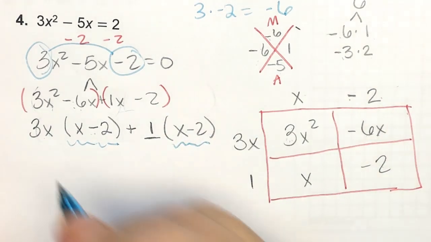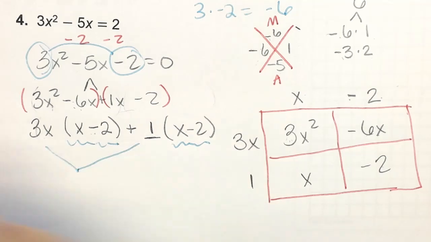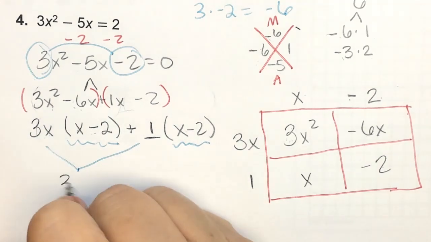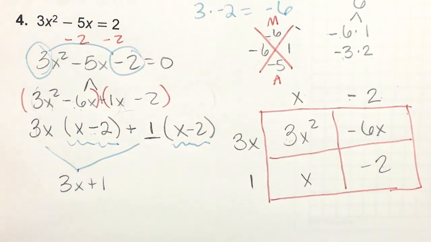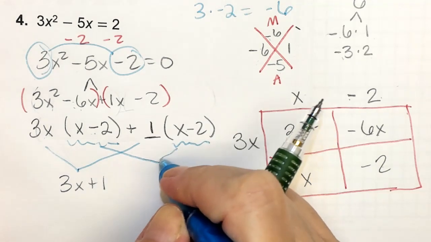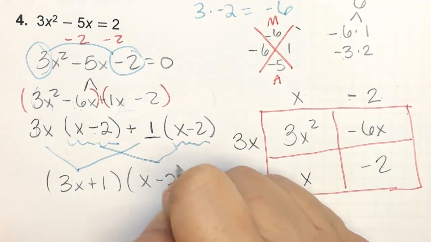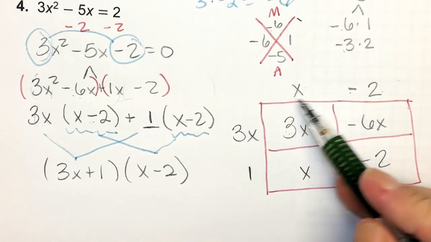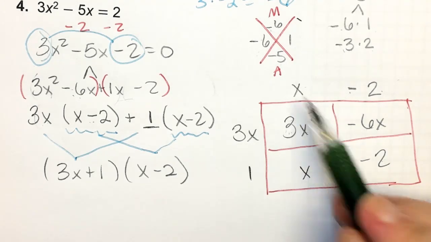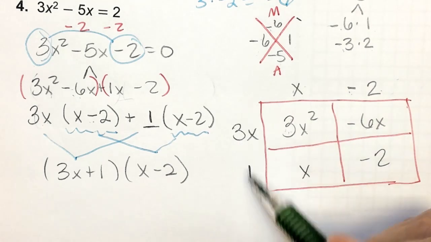So what you do, you bring these two down, so you get 3x plus 1, and then this is the same, so you just bring that down. This is one of them, the other one is x minus 2. Notice these are the same values, so doing it the box method, we got x minus 2, 3x plus 1.